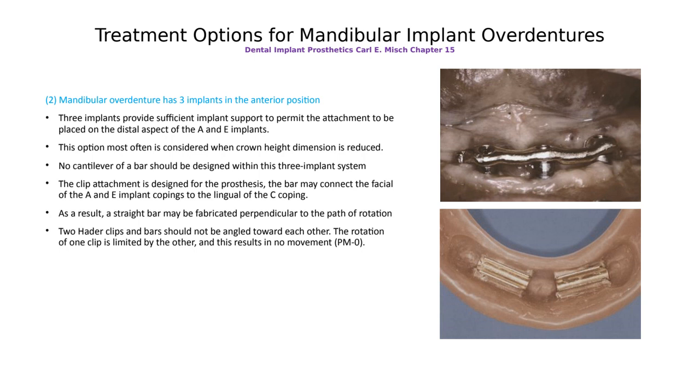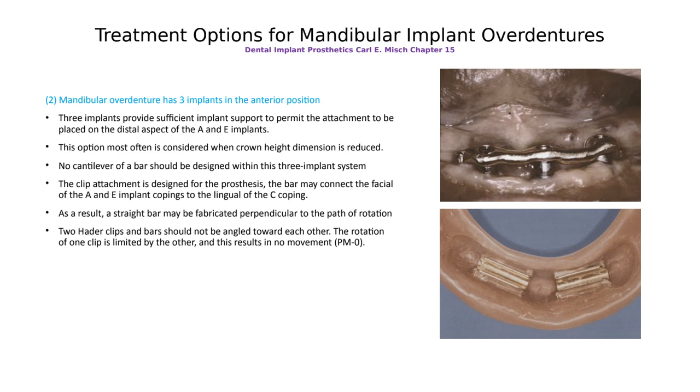No cantilever of the bar should be designed with this 3 implant system because it puts too much stress on the implants themselves. The clip attachment is designed for the prosthesis. The bar might connect the facial of the implant's copings to the lingual of the coping. As a result, a straight bar might be fabricated perpendicular to the path of rotation.